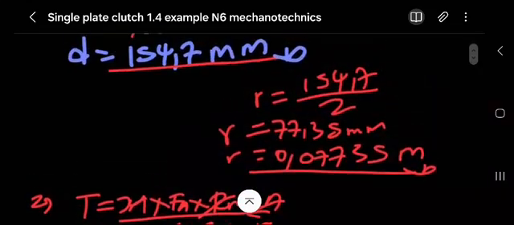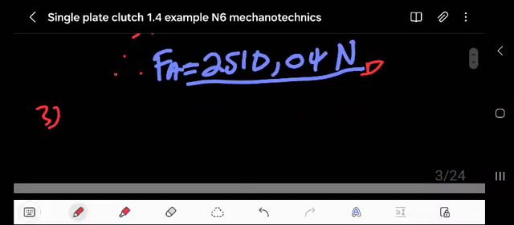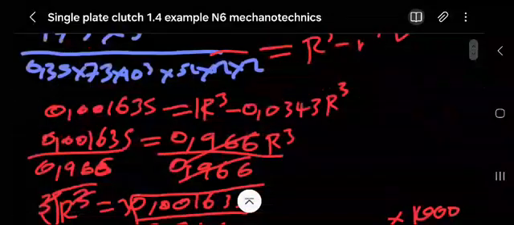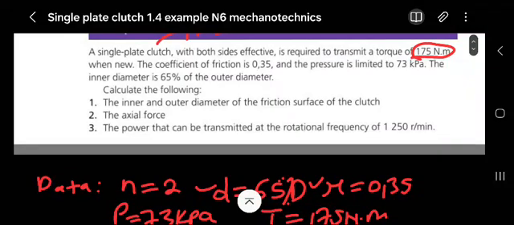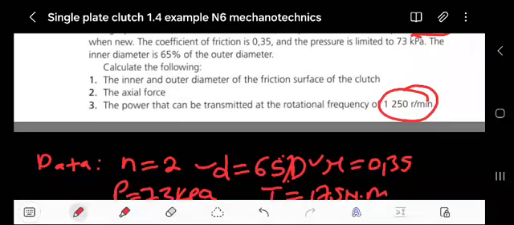The last question, remember, is number 3. It said calculate the power. I still remember that question. We know power is 2 pi N T over 60. Here it is, the power that can be transmitted at the rotary. They've given that.